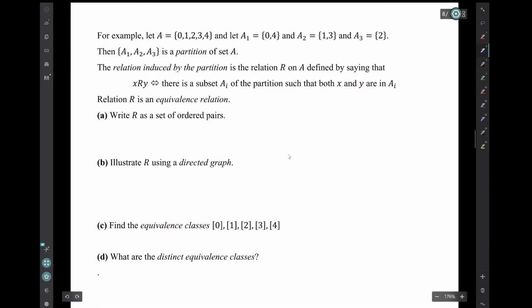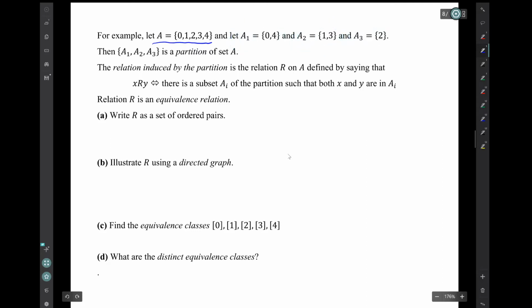So for example, let A be this set, 0, 1, 2, 3, 4, and let these 3 subsets, A1, A2, and A3, be defined this way. A1 is the set containing 0, 4, A2 is this set containing 1 and 3, and A3 is this set containing 2.